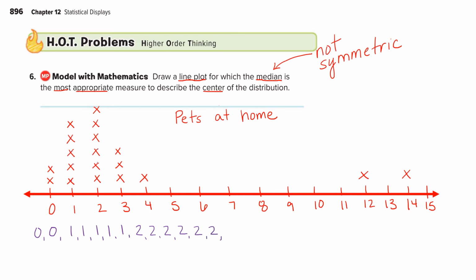And then 3. And 4, 12, and 14. So if we find the median, we're going to count to the middle.